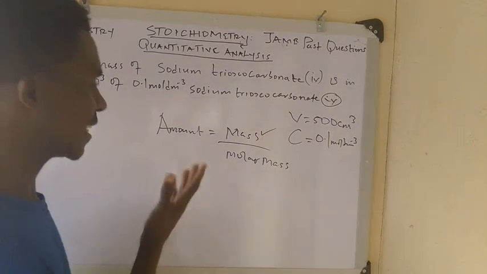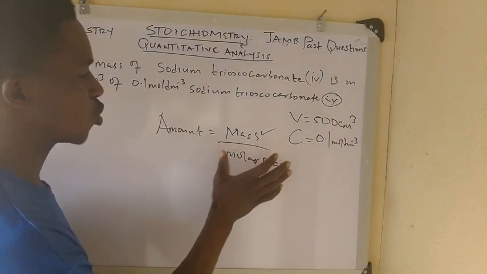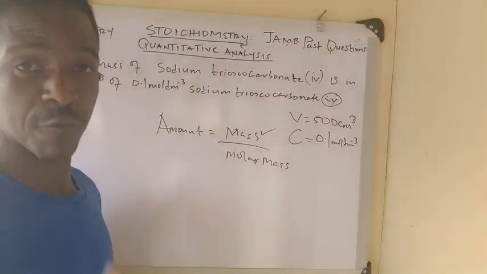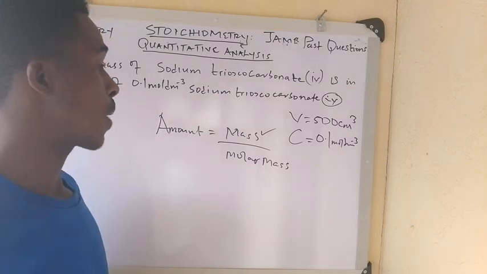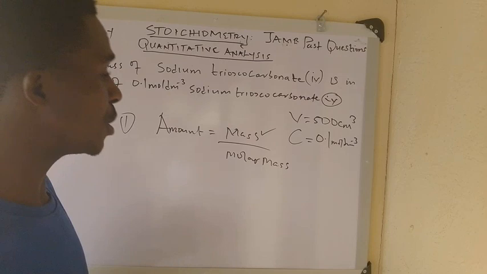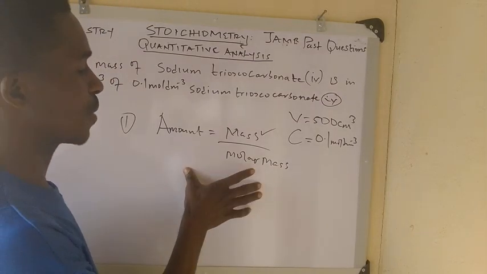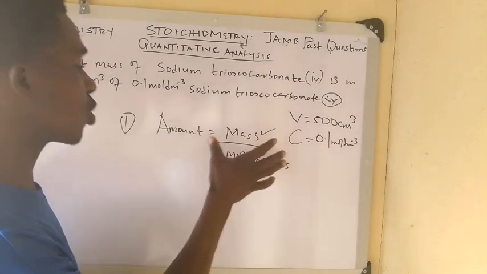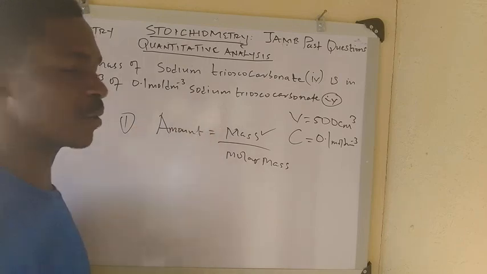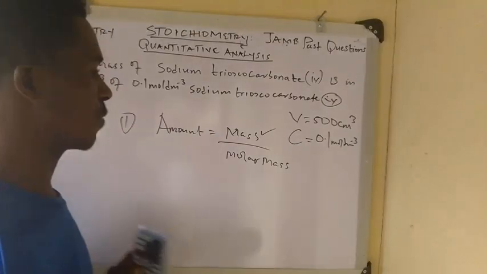So what we need here is our amount to calculate the mass. So how do we get our amount? If you remember the formulas under the mole concept, this is number 1 formula. It means we will use this formula to get mass, but we cannot use it to get amount. So what formula are we going to use to get our amount?